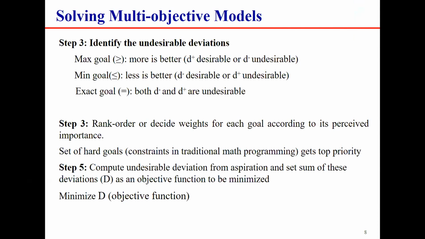The last step is to compute the undesirable deviations from aspirations and sum them up, and this becomes our objective function. So now our objective function is different. I want to minimize the deviations.